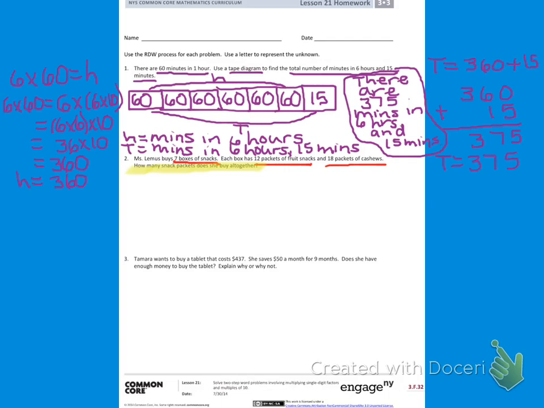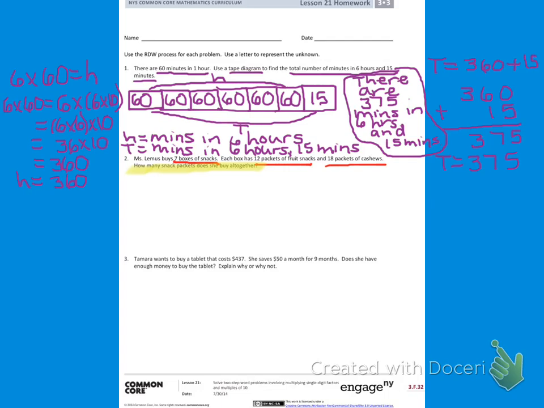In order to solve this problem, I think I'll use a tape diagram to begin with. I want to show what it would look like for the number of packets that she buys that are fruit snacks. So we know that she bought 7 boxes. So in each of those boxes there were 12 packets of fruit snacks.